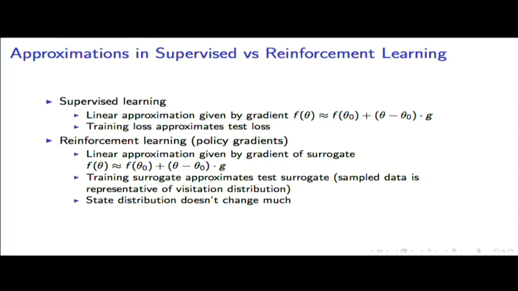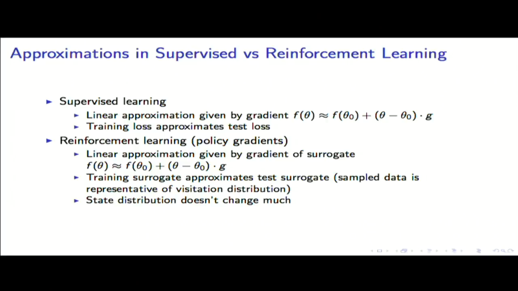The first approximation is that you're doing gradient descent. So you're assuming that the linear approximation to your function, which is given by the gradient, is a decent approximation over the region that contains your update. The gradient is just a linear approximation to your function, and you're using that to compute an update.